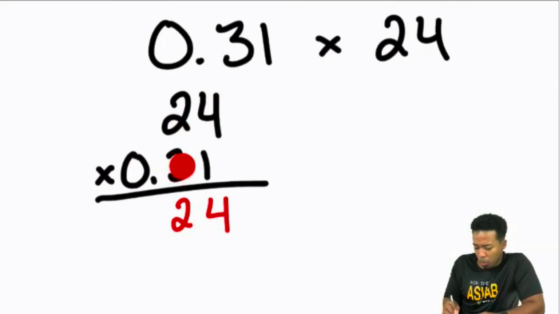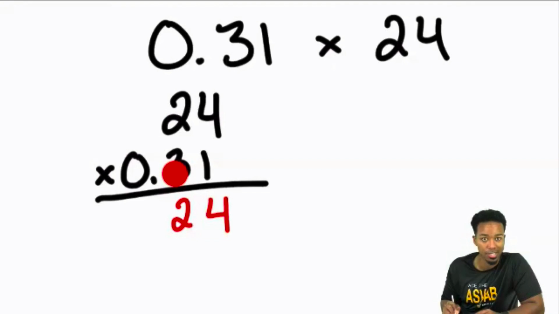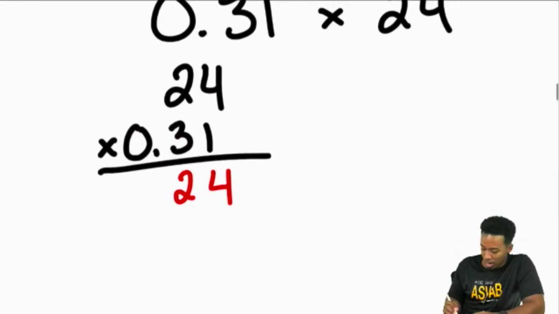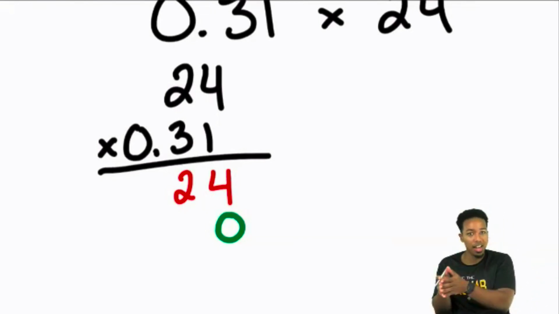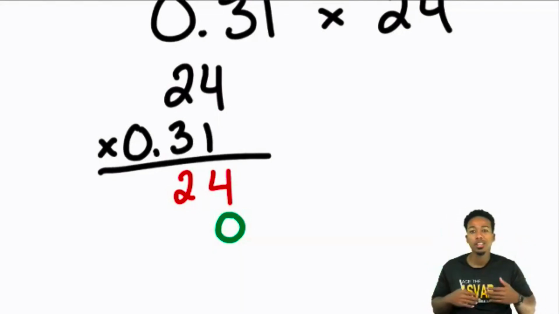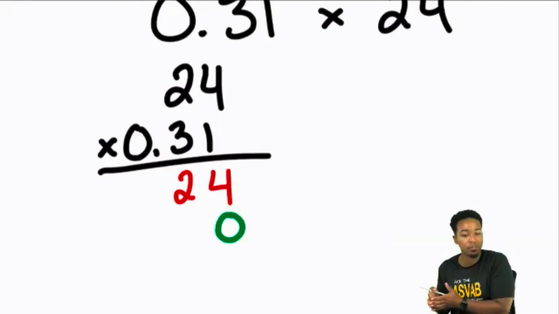Everybody, what place value is the 3 in? What place value is the tens place? Exactly. And so that's why you start at the tens place on the second line. As you move place value, you make sure to move place value when you're actually calculating. So that's why you call it a placeholder. That's why you are supposed to do it. It's because you're moving forward in place value and you need to move into that place.